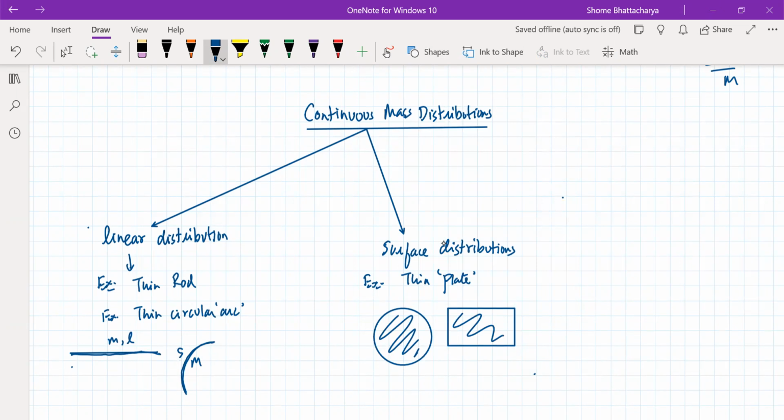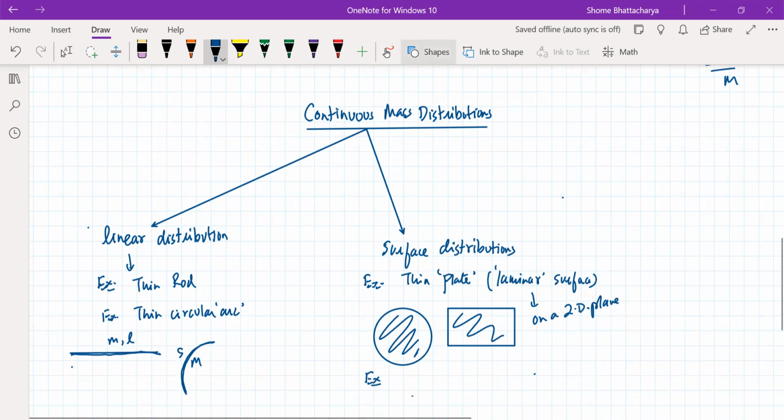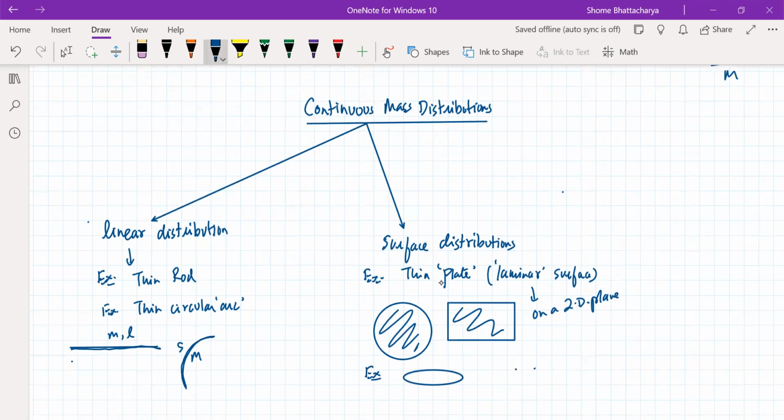So these are examples of what we call laminar surfaces. That means it's a two-dimensional surface, on a two-dimensional plane. We could also have an example of a non-laminar surface, where the mass is distributed on a surface which is not lying in a two-dimensional plane, like a hemispherical bowl.